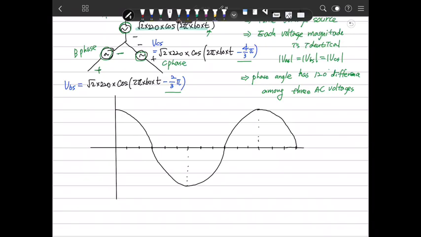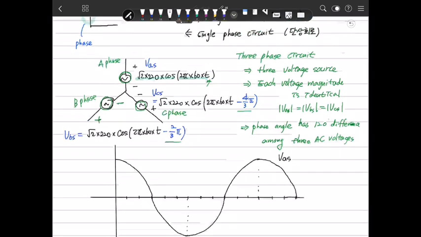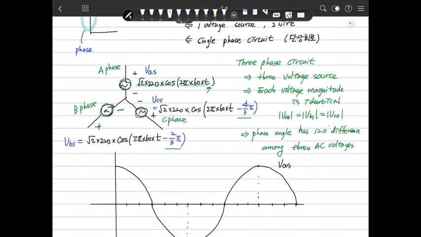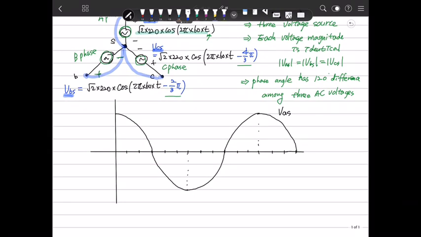Something like that. This is VAS. Why do we call this VAS? The terminal we call A, and the terminal we call B, and the terminal defined with C, and this point is a common point we define as S. So VAS means voltage difference between A and S. VBS means voltage difference between B and S. And VCS means voltage difference between C and S.